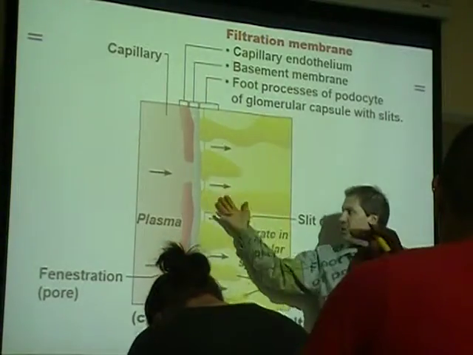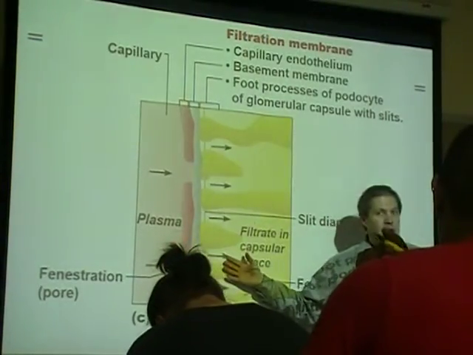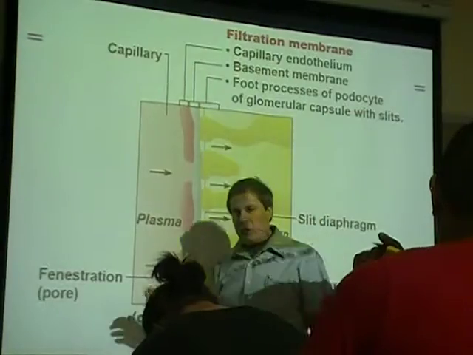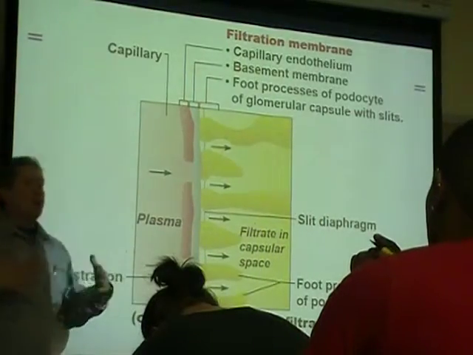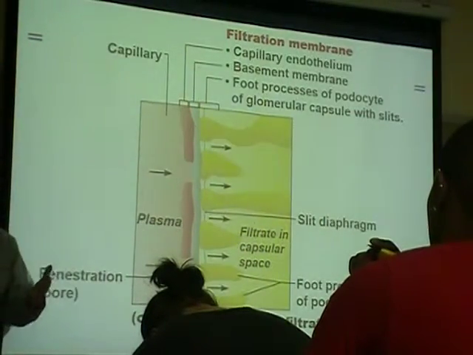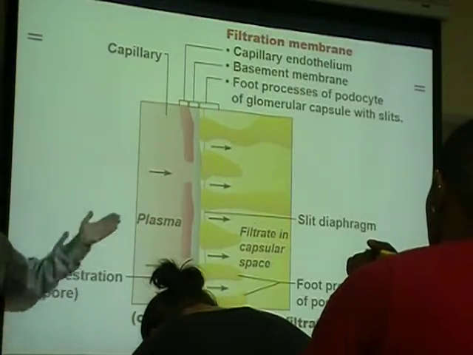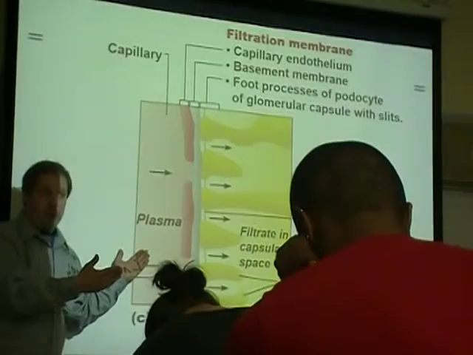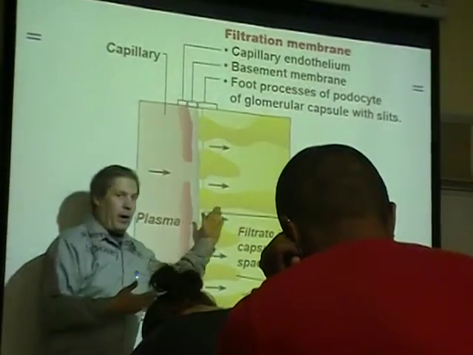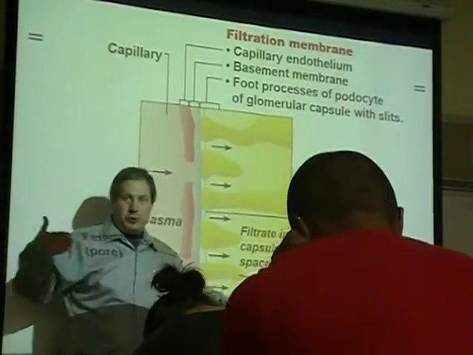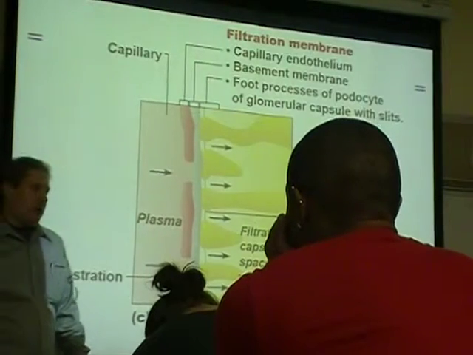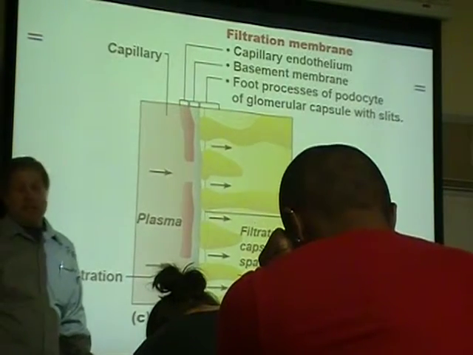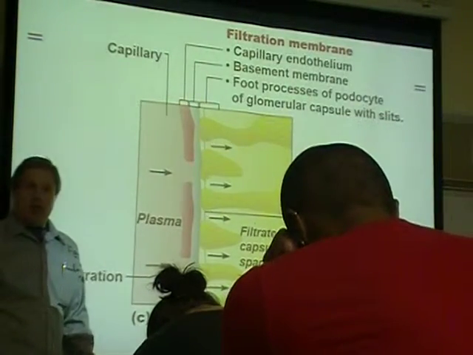But that fact is important because we can regulate the amount of surface area available for filtration. If we close down that surface area, we reduce the amount of filtrate formed, reduce the amount of tubular fluid, raising again our blood volume and our blood pressure.